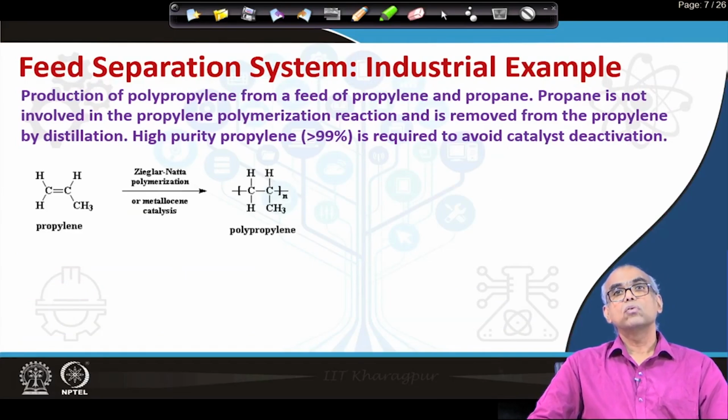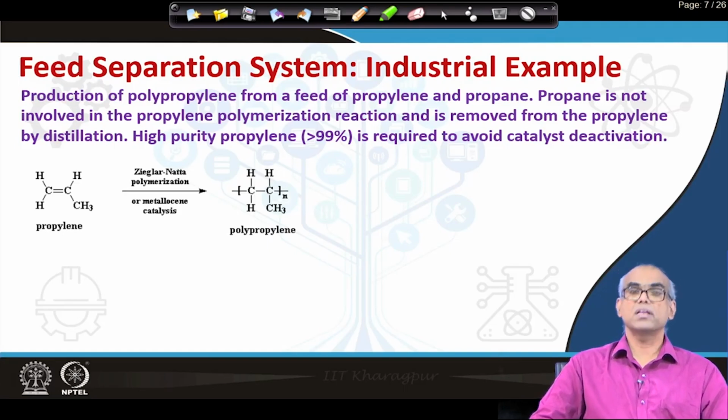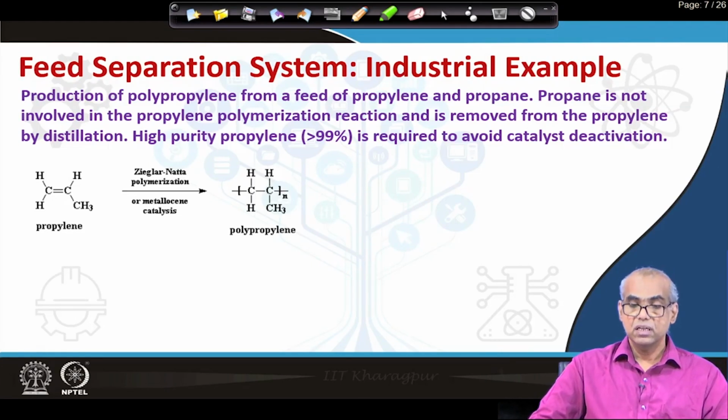Now, we will take certain industrial examples where feed separation systems are used in practice. As a first example, let us consider production of polypropylene from a feed of propylene and propane. Propane does not participate in the polymerization reaction.